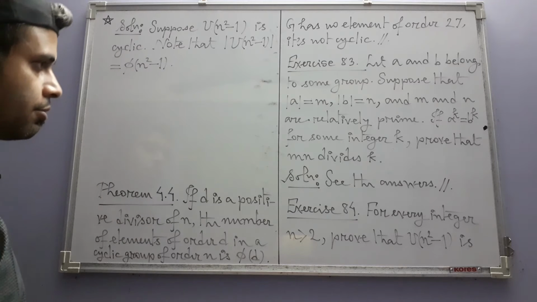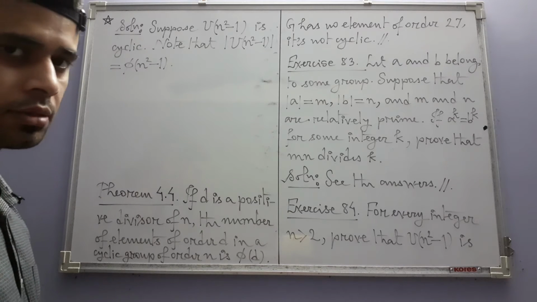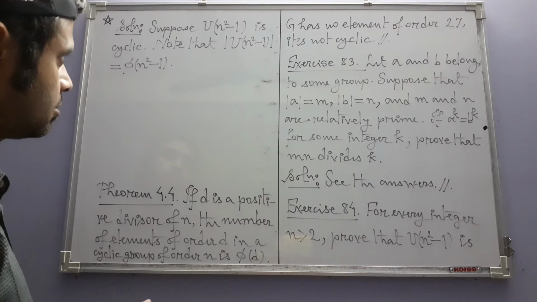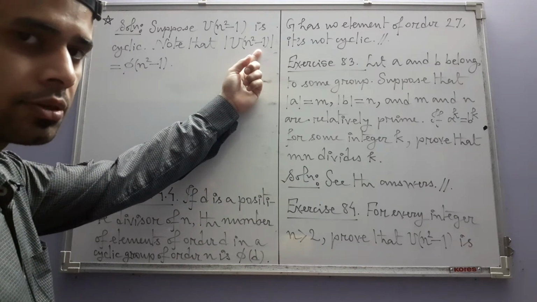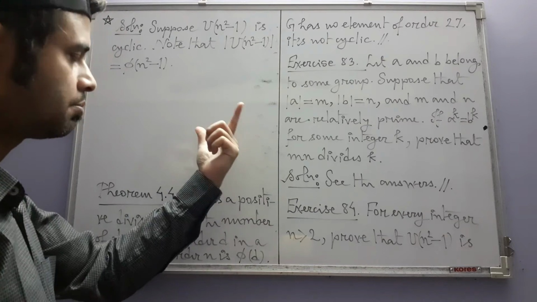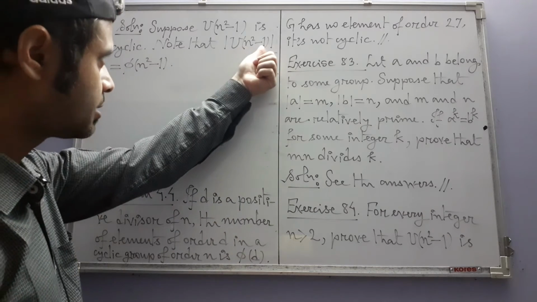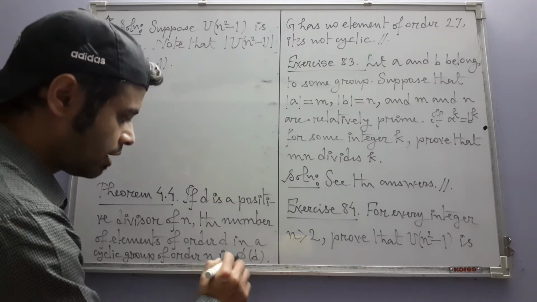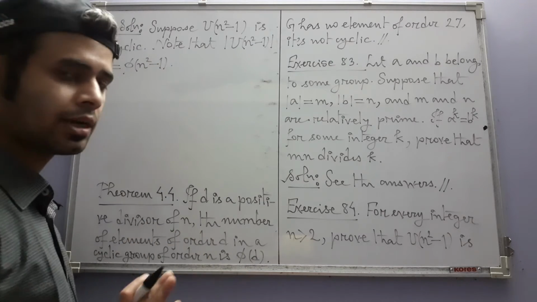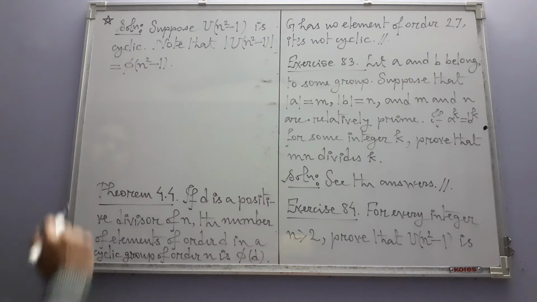Now Euler's phi function value of n square minus 1, because that's what the group is. It has all those positive integers less than this number and relatively prime to it, and Euler's phi function calculates just that number. So the order is this.